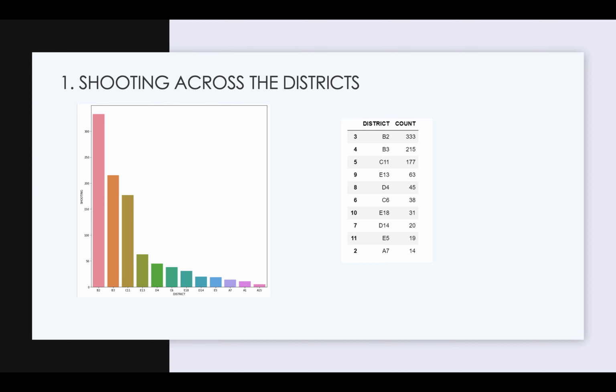This is a plot for shooting across districts. Like I mentioned before, you can see the B2 area is quite dangerous, and it has the most gun-related crime with about 300 cases recorded.